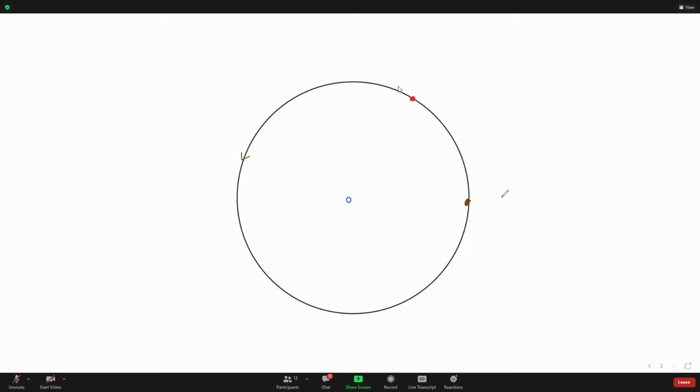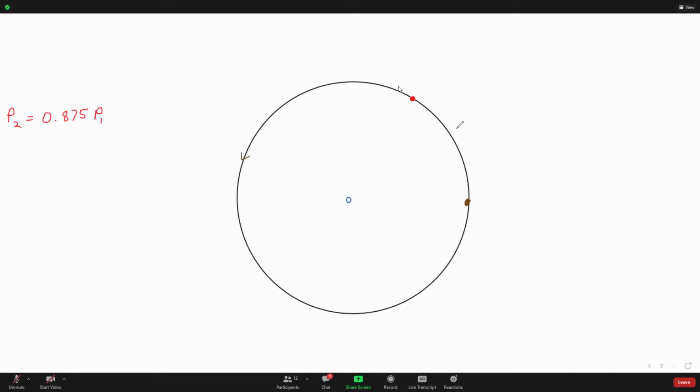So 360 minus 45. So I need the period of the new orbit, which I'm going to call orbit number 2, to be 0.875, so 7/8 times the period of the geostationary orbit, which is orbit number 1.